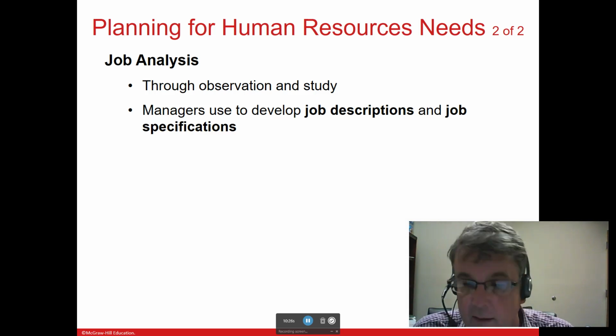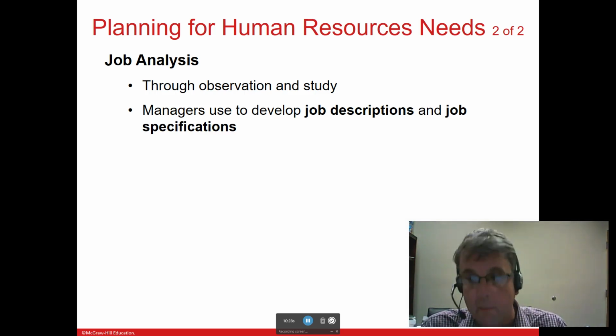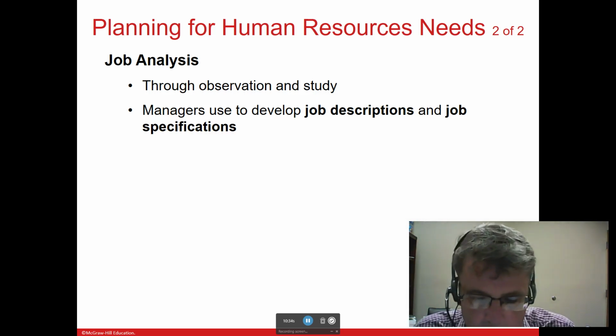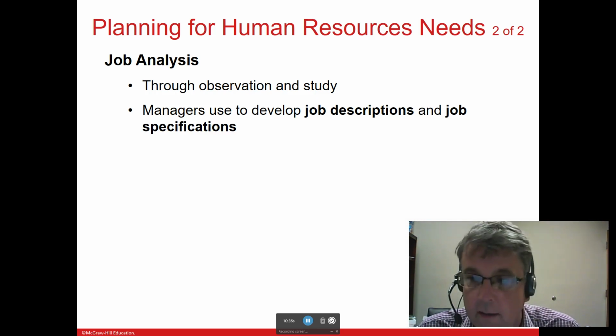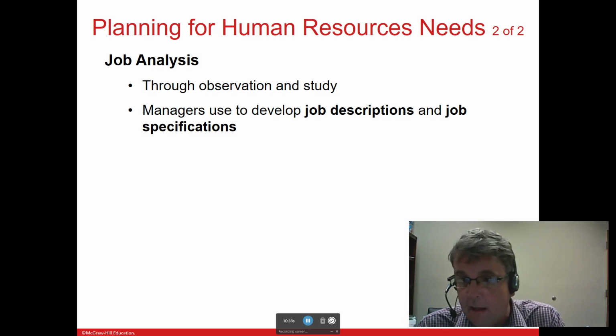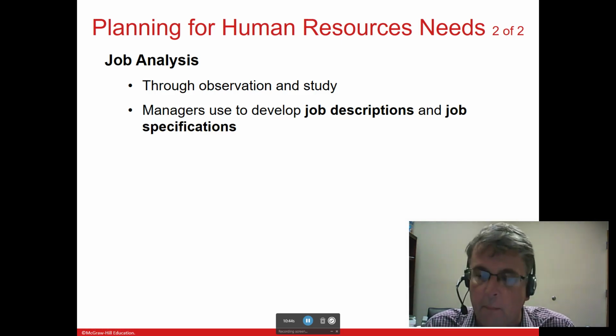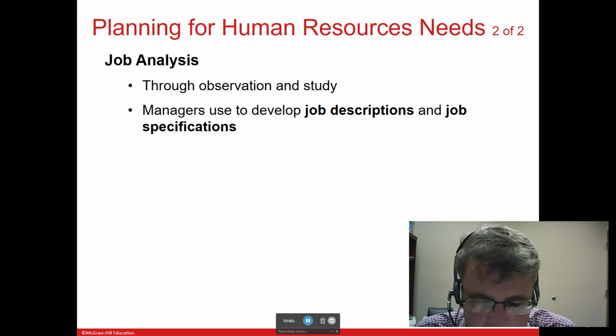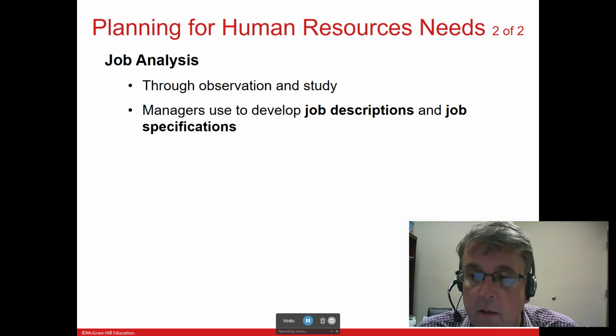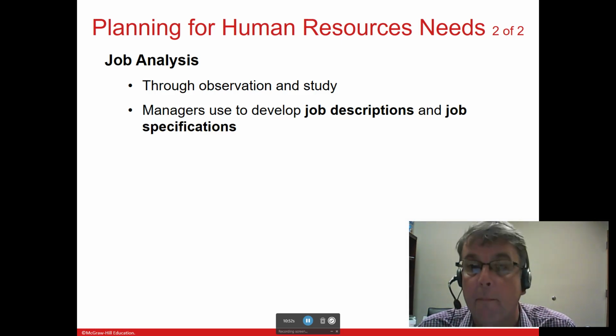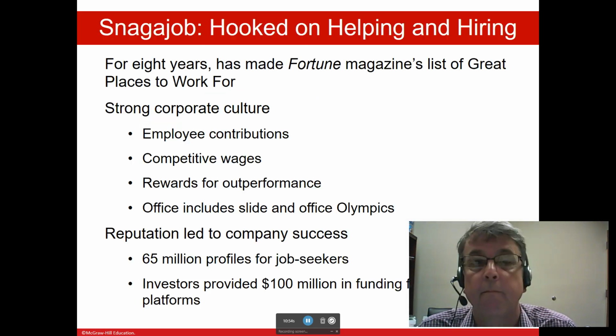Personal characteristics: must be friendly and able to deal with the public, or must be dedicated, hardworking, and conscientious. And physical characteristics: must be able to lift 50 pounds or more, must be able to walk long distances. Those types of things are part of the job specification. Both job descriptions and job specifications are used to develop recruiting material.